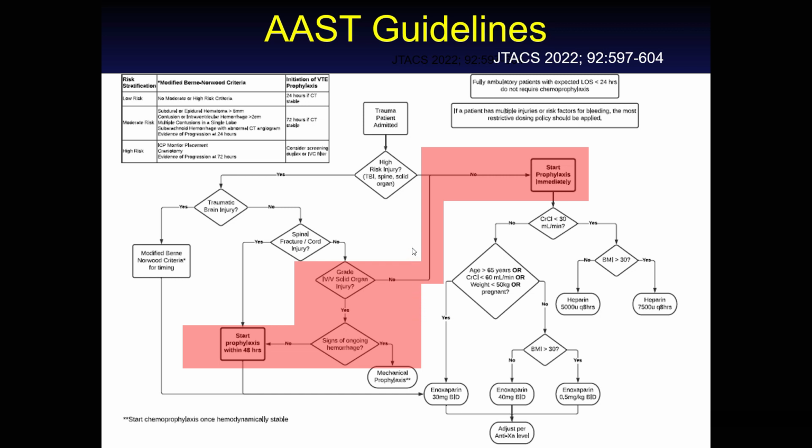And certainly mechanical prophylaxis on all these should be started early on, unless it's contraindicated for some reason due to orthopedic injuries. But in regards to chemical prophylaxis, I think we need to make sure that this bleeding is not persisting or certainly worsening.